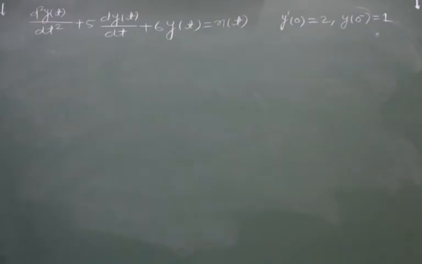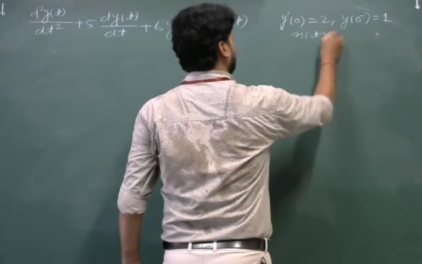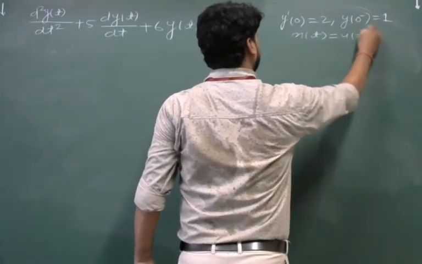Find the free and forced response of the system. x(t) is given as u(t).